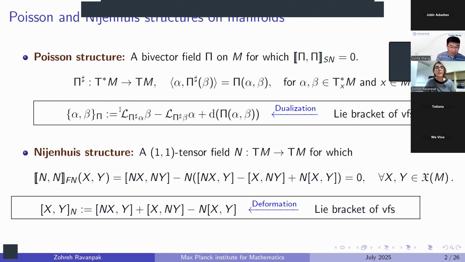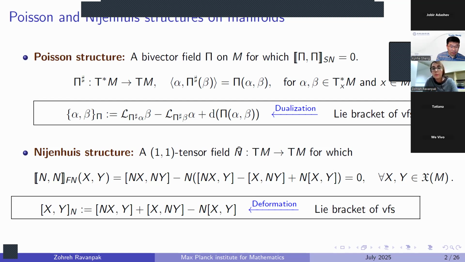The other structure is a Nijenhuis structure, which is a 1-1 tensor field N on M for which the Frölicher-Nijenhuis bracket of N with itself is 0. We call this condition Nijenhuis torsion, and if a linear map is torsion-free, then we call it a Nijenhuis structure on the manifold.